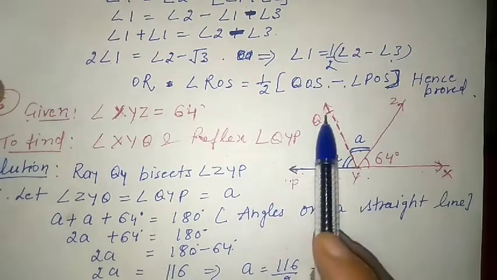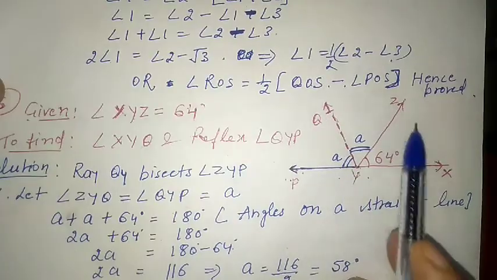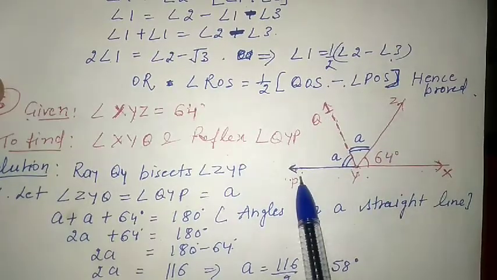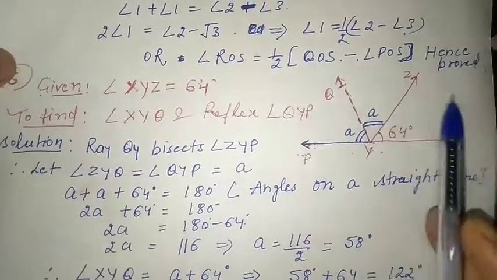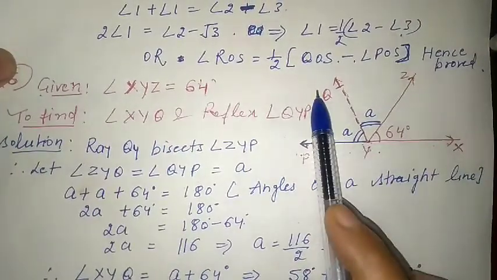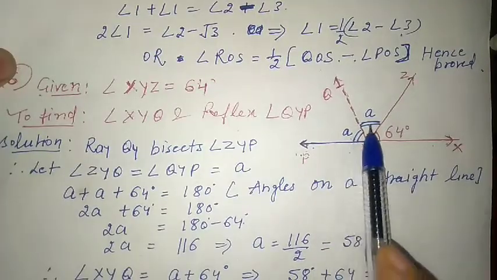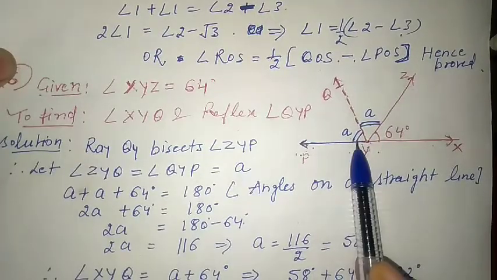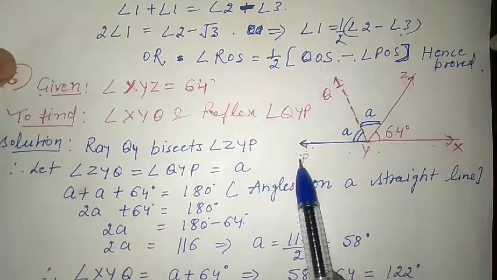It is given that ray QY bisects angle ZYP. So we let ZYQ be equal to QYP. Suppose this is angle A, and both will be equal because QY is a bisector of angle ZYP.